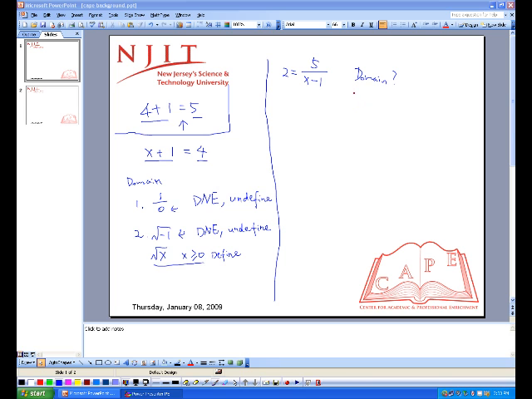Well, where is it undefined? We know that 2 is always defined, but in 5 over x minus 1, the denominator cannot be 0. So if x minus 1 is equal to 0, then this is undefined, or does not exist.